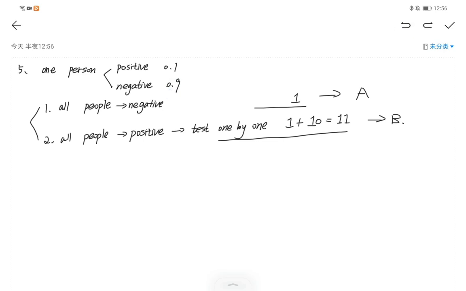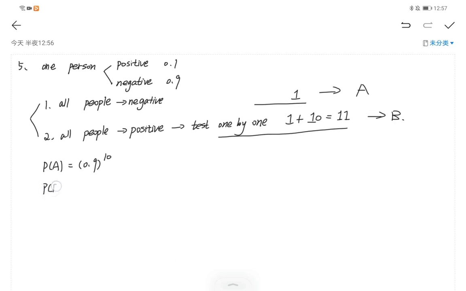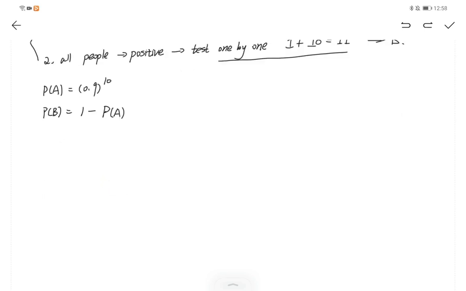So for 10 people, the probability that all the results are negative is 0.9 to the 10th power. So the probability of event B equals 1 minus the probability of event A.